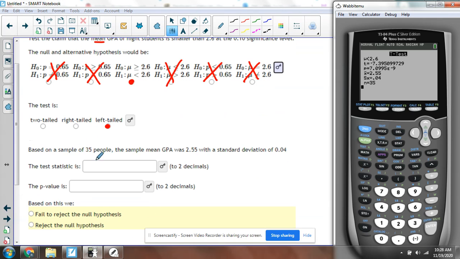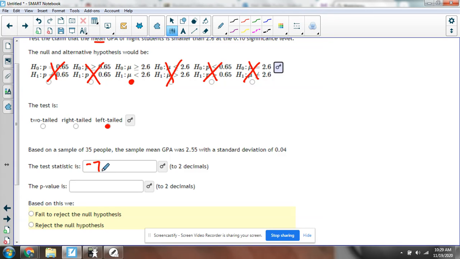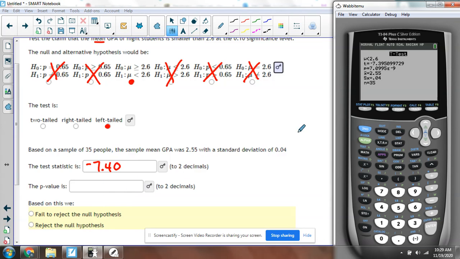Our test statistic is negative 7.395. With 2 decimals, it will be negative 7.40. P-value is 7.0995 times 10 to the negative 9. With the decimal place over 9 places, that's 8 zeros and then a 7.